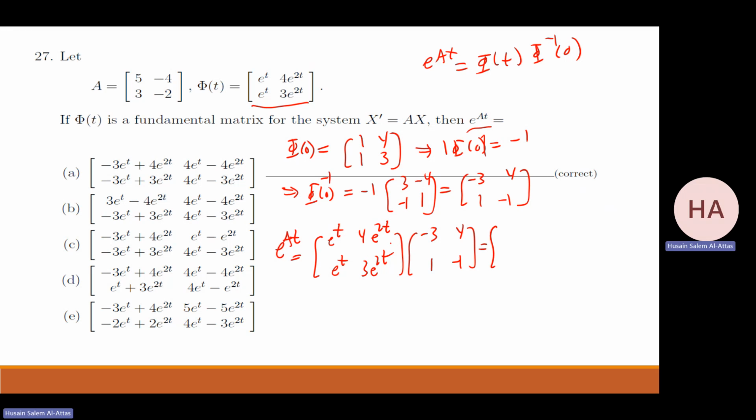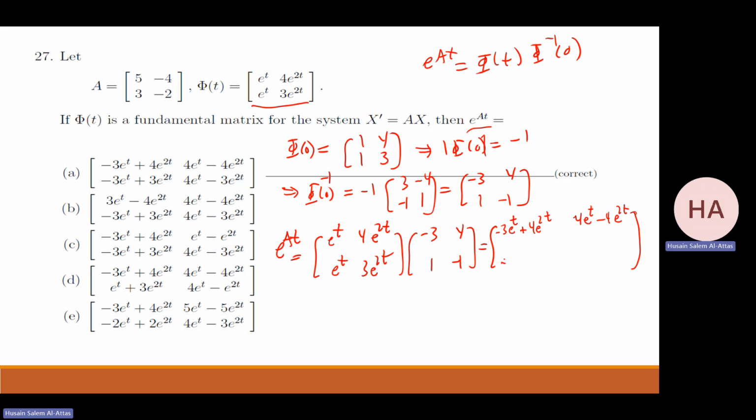That will be what? Yeah, be careful. Now, minus 3 e to t, first row times first column, plus 4 e to t. Yes, first row times second column, 4 e to t minus 4 e to t.